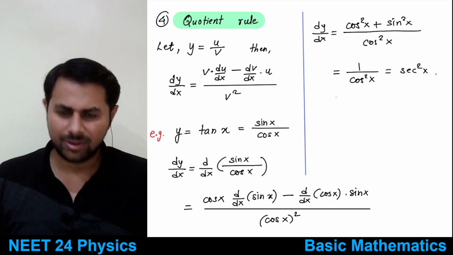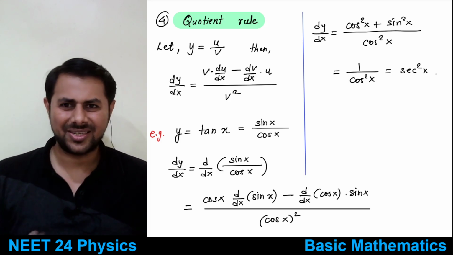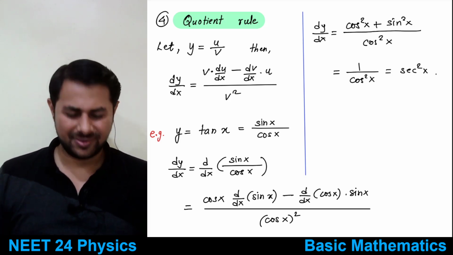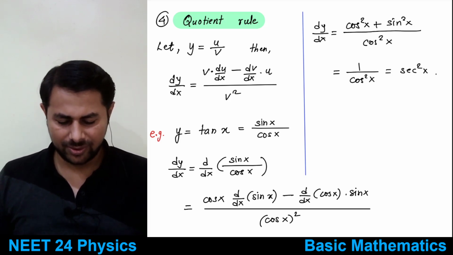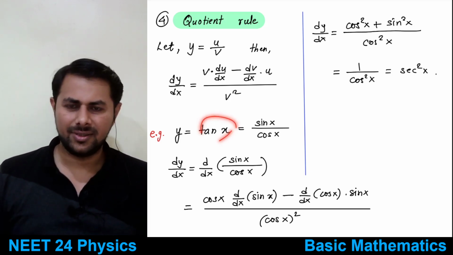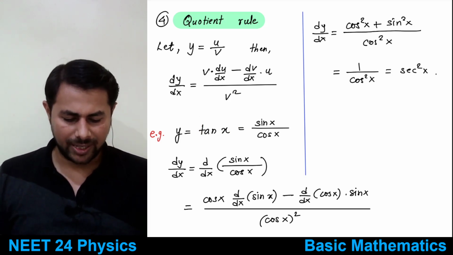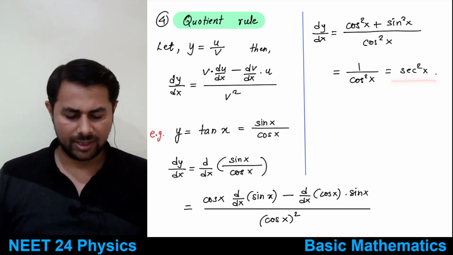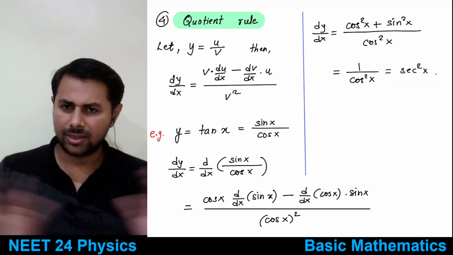This is how you first find the derivative of sin x, then cos x, sec x, and so on. Using the quotient rule you can find the derivative of tan x this way. Similarly you can find the derivative of cot x. So this is how other derivatives are found.